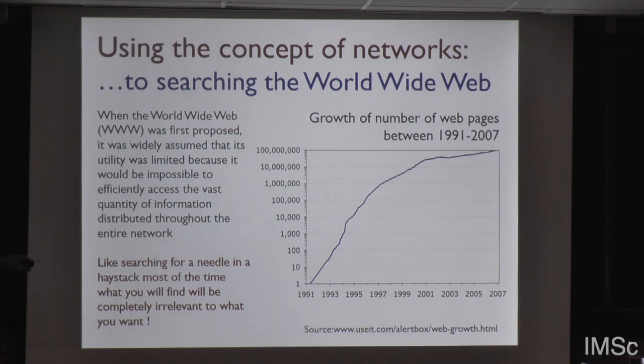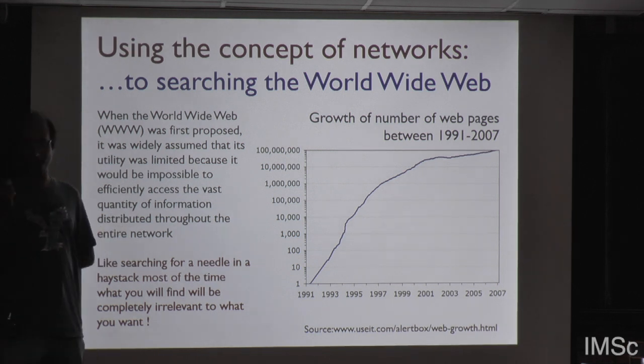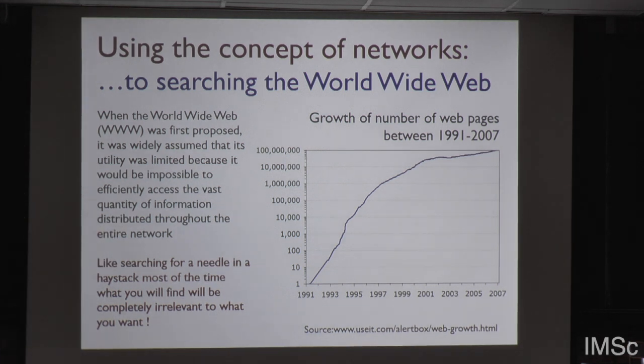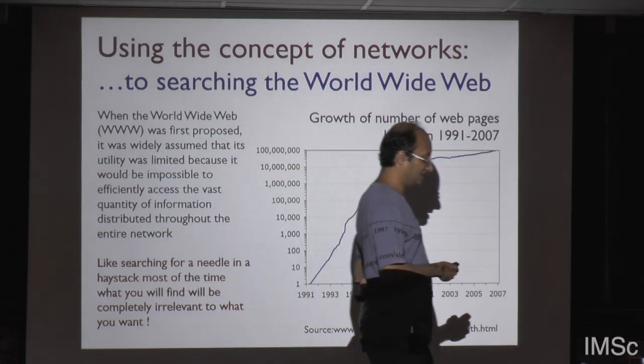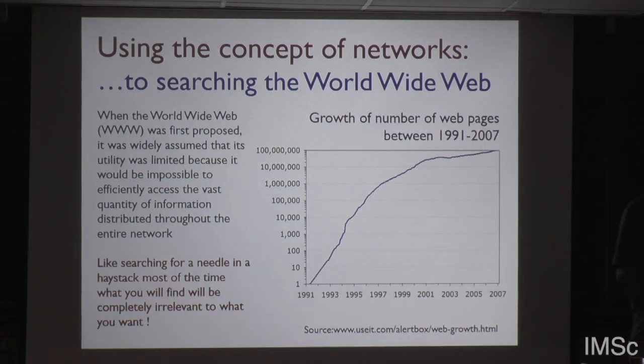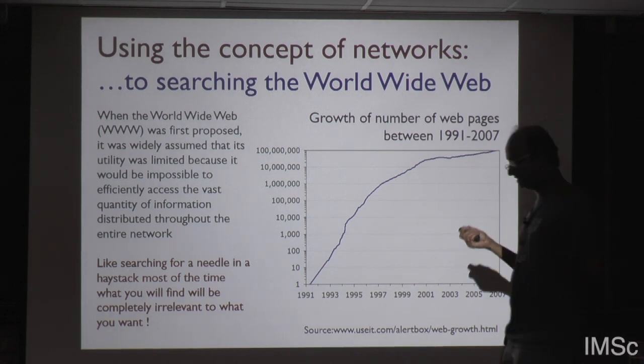So suppose you want to find a very specific piece of information which is located in one particular page, but the total number of pages that constitute this web is just increasing exponentially. So in such a situation, it's simply not possible to keep some kind of a manually curated list of keywords through which you basically go through in order to find something that you're interested in. So it's like the proverbial searching for the needle in the haystack.